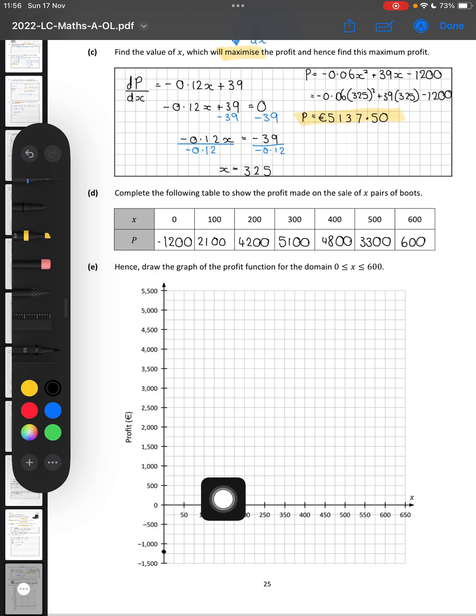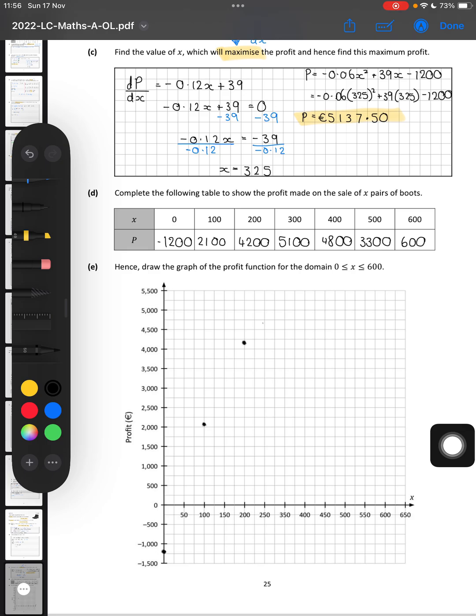So up from 100 and across from 2,100. So about here maybe. Then for 200, 4,200. So 200 here and across. It's actually really hard to follow on the iPad.